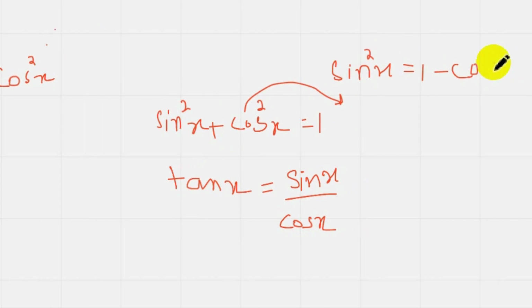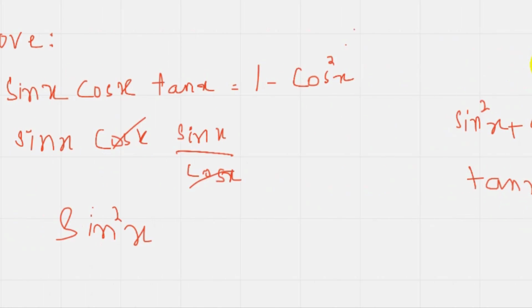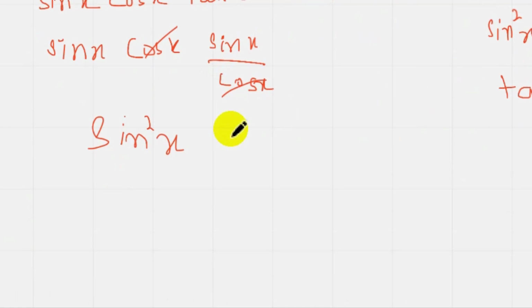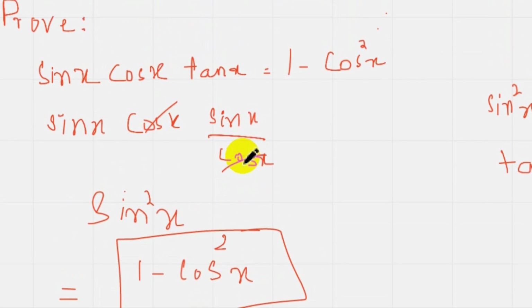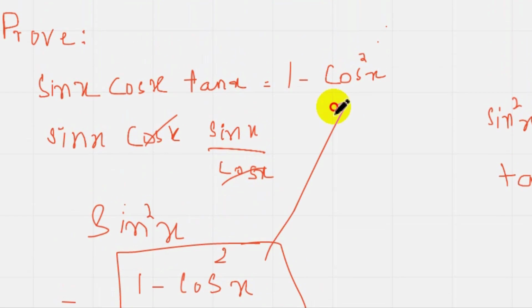That's it, proved. 1 minus cos squared x. So sin squared x equals 1 minus cos squared x, the required proof. So this is exactly what we were required to prove. There you go, that's it.